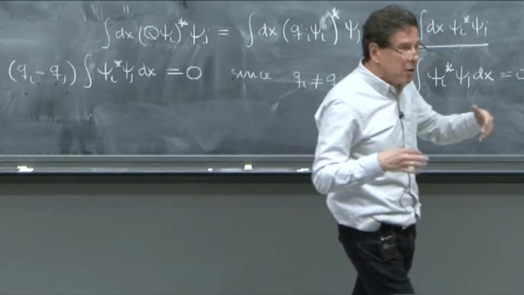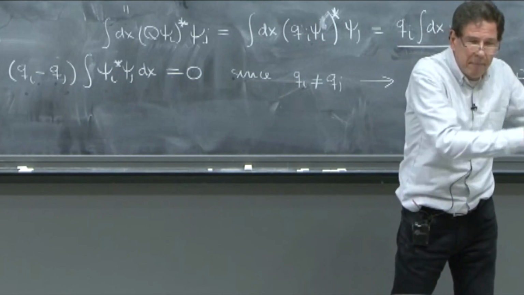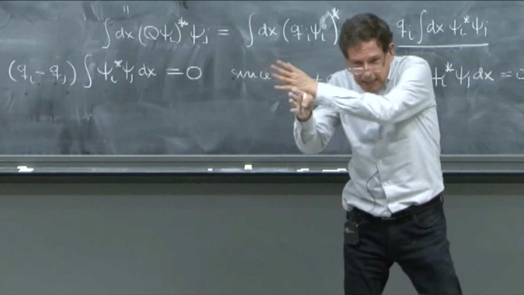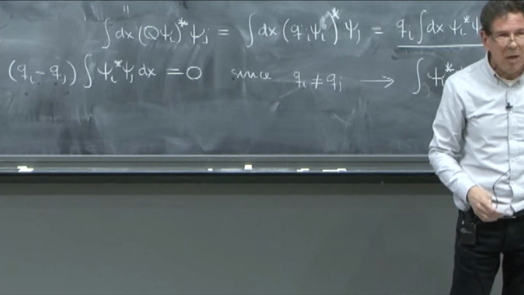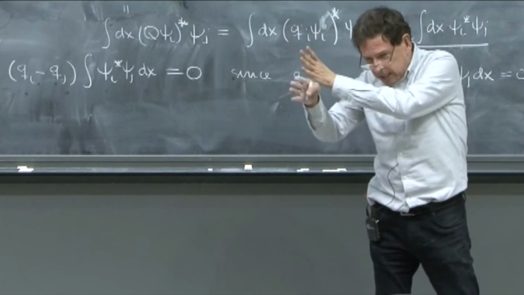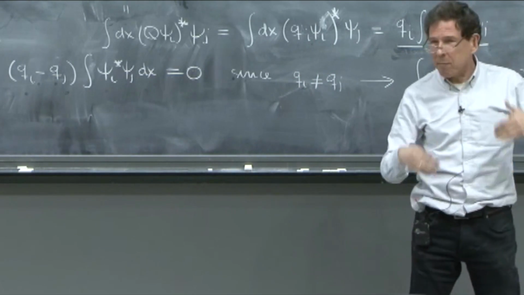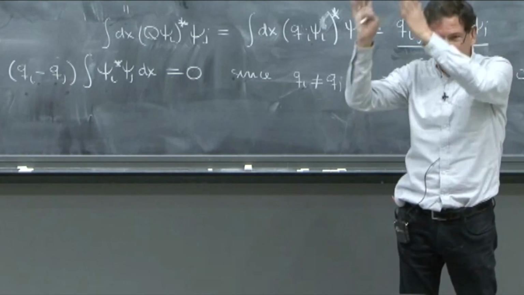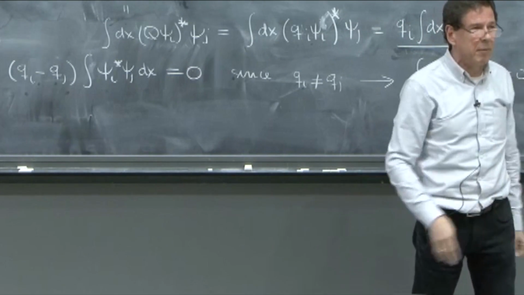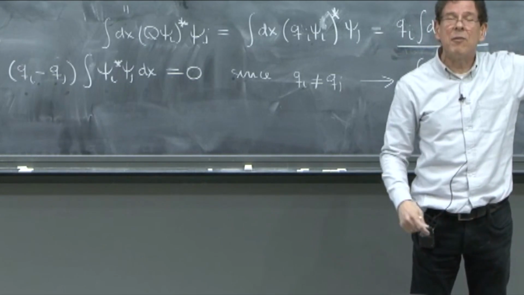And therefore, if you want to measure momentum, you must find all the eigenfunctions of momentum and rewrite your state as a superposition of momentum eigenstates. You want to do energy, well, you must rewrite your state as a superposition of energy eigenstates, and then you can measure. Want to measure angular momentum? Find the eigenstates of angular momentum, use the theorem to rewrite your whole state in different ways.